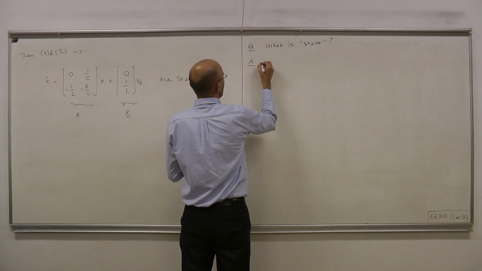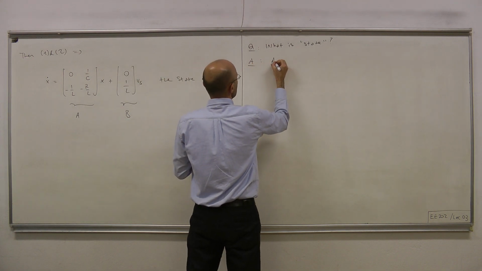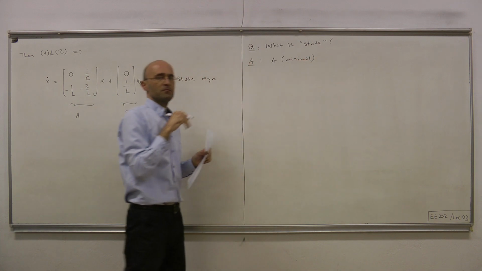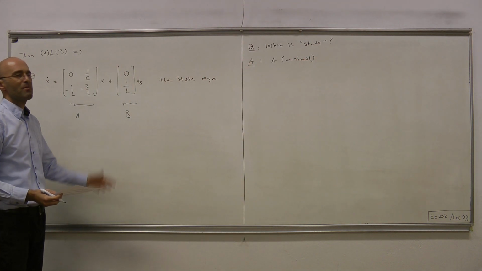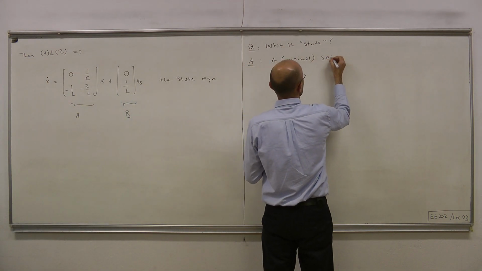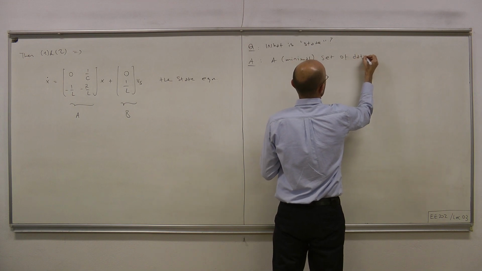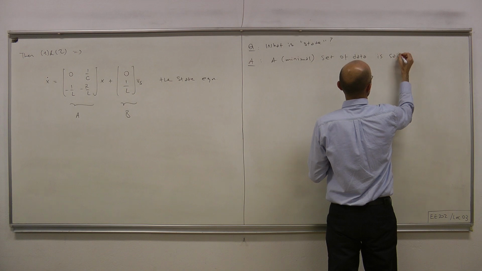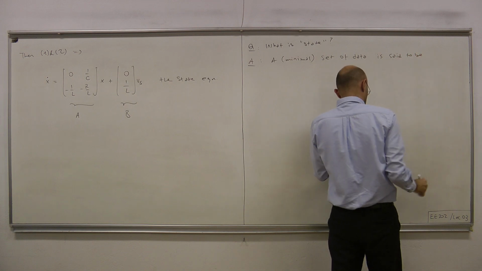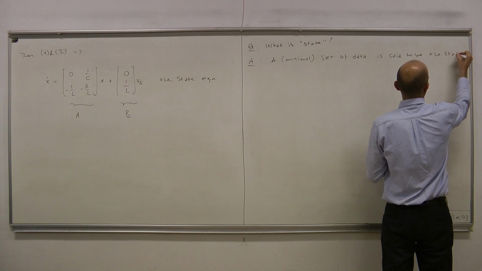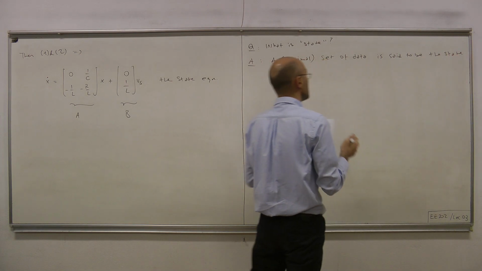Now here is an answer. It's a minimal, by minimal we want to be as economic as possible, set of data that is said to be the state of a system.